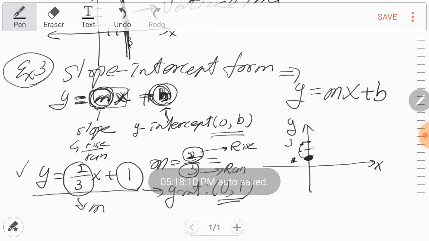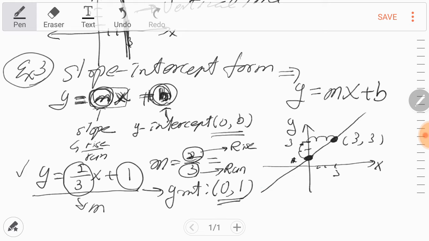Positive means to the right. So 1, 2, 3. Then this is the second point. The coordinates of the second point are x equals 3, y equals 3. Connect these 2 points, and this is the graph of this linear equation.